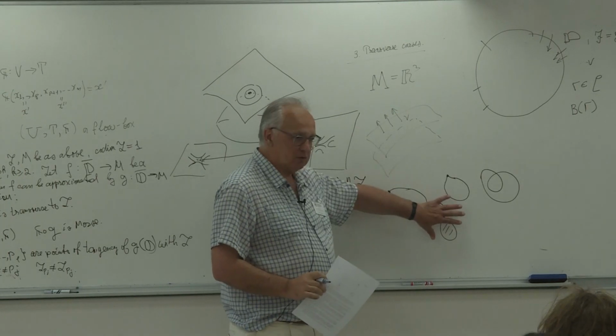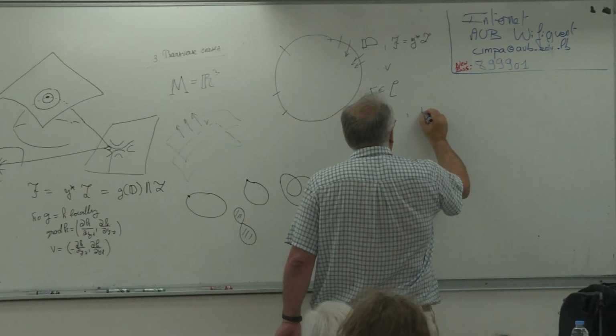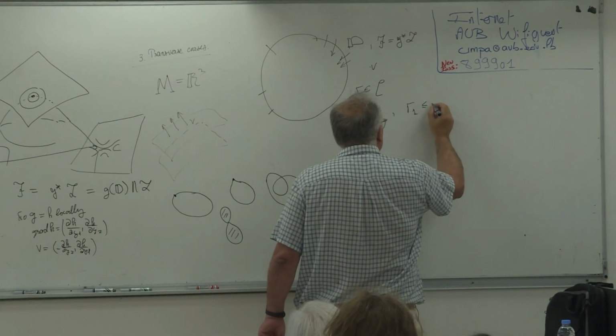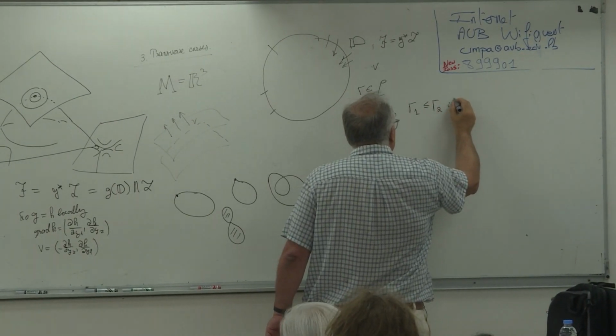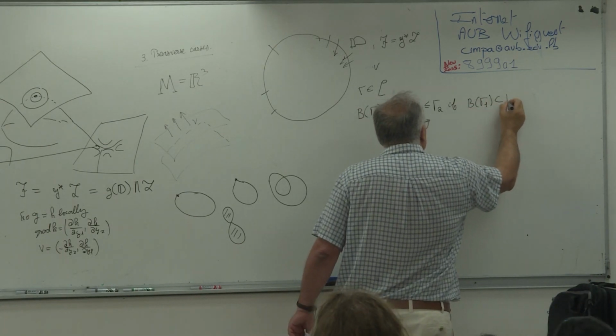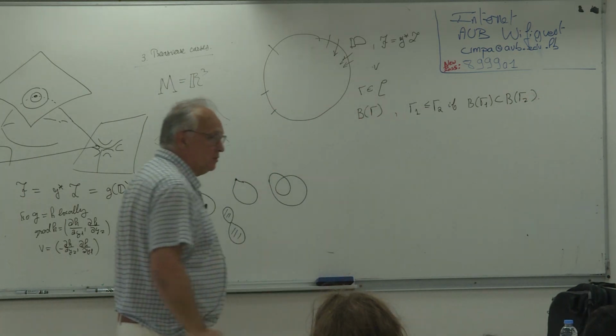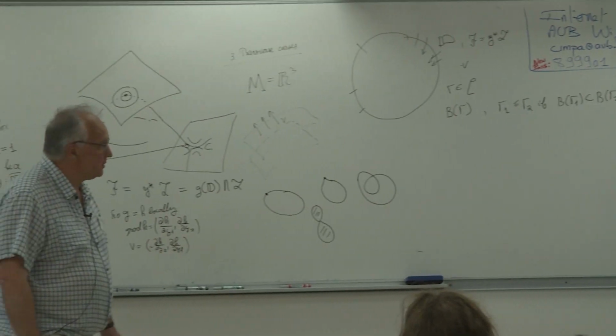We take a closure. Okay? And now we say that gamma 1 is smaller or equal than gamma 2 if B of gamma 1 is a subset of B of gamma 2. So we have a partial order on the set of the polycycles.